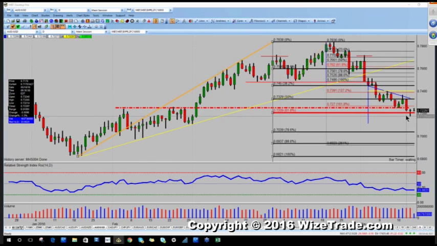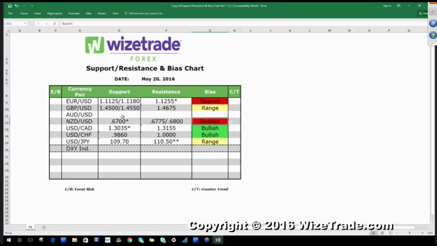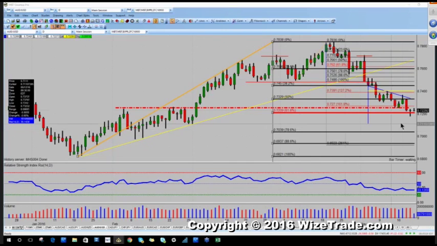So 71.80 is support, because if we can get below that, then things will get... 71.80, I'm sorry, 71.80. Resistance.